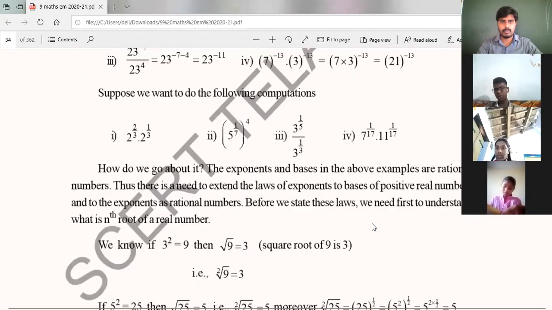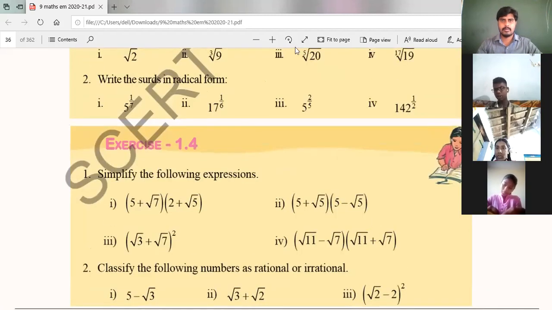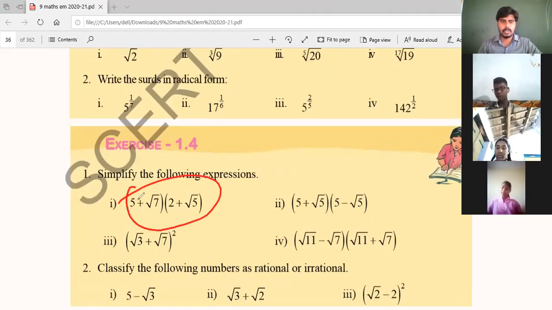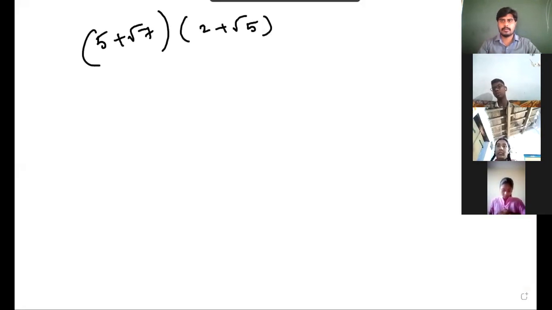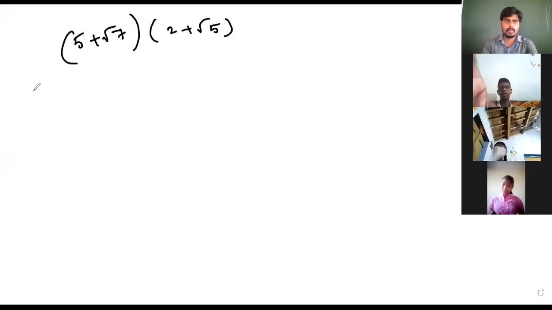Anyway, to solve this exercise 1.4 first problem, (5 plus root 7) into (2 plus root 5). Multiply these.